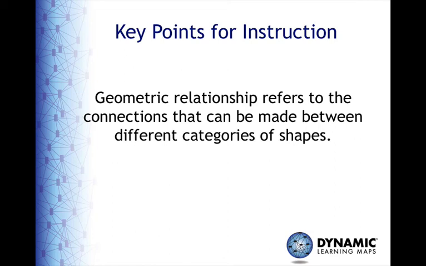There are several key points to think about as teachers plan for instruction. To start, geometric relationship refers to the connections that can be made between different categories of shapes. Students learn the properties that define a rectangle, a square, a quadrilateral, and other geometric shapes. As students' understanding of these properties develops, they learn that some categories of shapes are subsets of other categories.